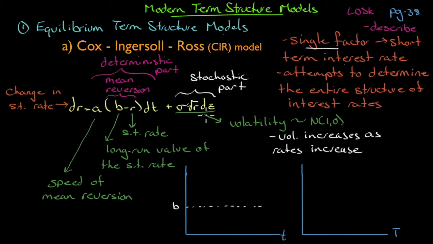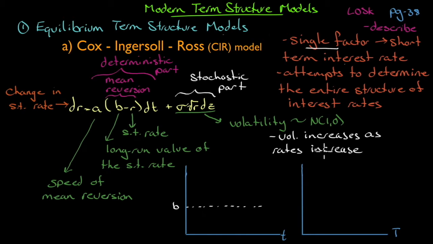And this second part here is our stochastic part. We have sigma, the square root of r, the square root of the short-term rate. This captures volatility. And our volatility variable is distributed as a normal variable, mean 0, standard deviation 1, so it's a standardized variable. And the assumption here, because of this square root term in here, if you think about this, it's basically saying that volatility increases as rates increase.